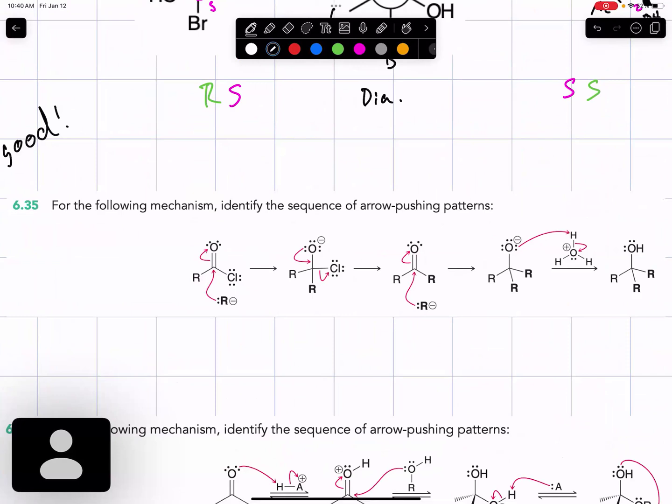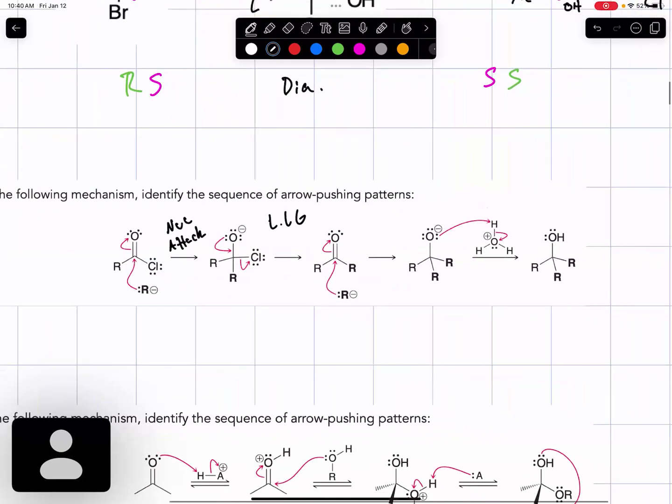The SN2. Not reaction. Just think chapter 6. Nucleophilic attack? Yes, nucleophilic attack. Easy, nucleophilic attack. What's the next step? Loss of leaving group. Yes, ma'am. Loss of leaving group. Okay.